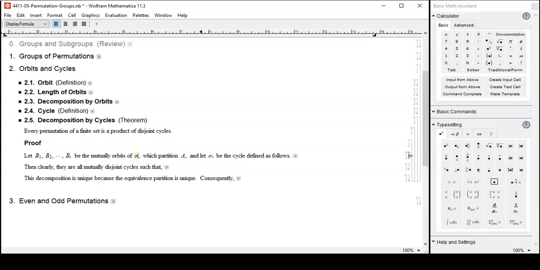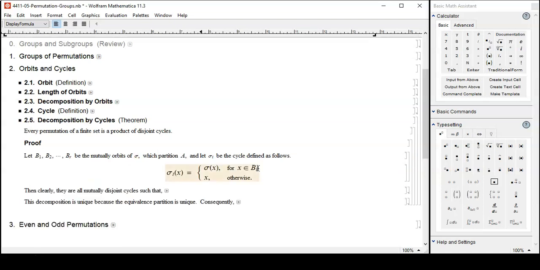And then let's define cycles sigma i like this. In each orbit, we do sigma x. So from x, we do sigma x and sigma square x, sigma cube x, until we come back. And the length of that cycle is, say, Li, then it'll go up to Li. Otherwise, stay the same.